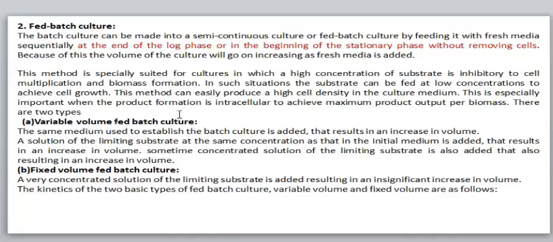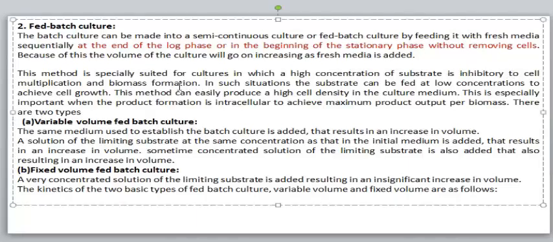This method is especially suited for cultures in which a high concentration of substrate is needed for cell multiplication by biomass formation. In such situations, substrate can be fed at low concentration to achieve cell growth.